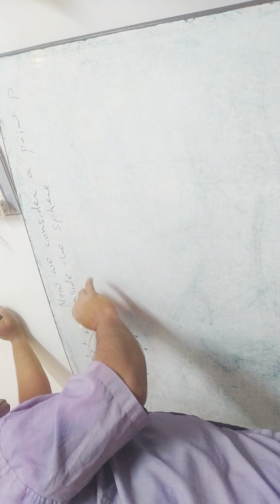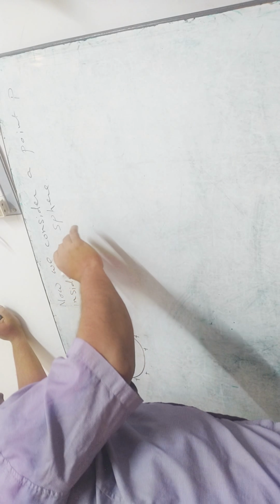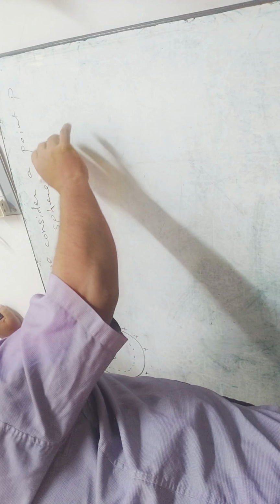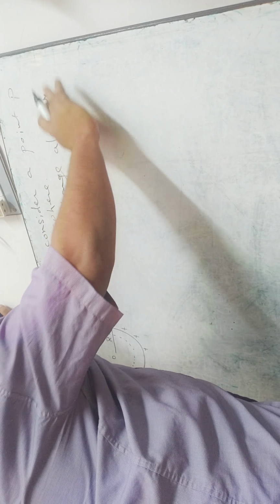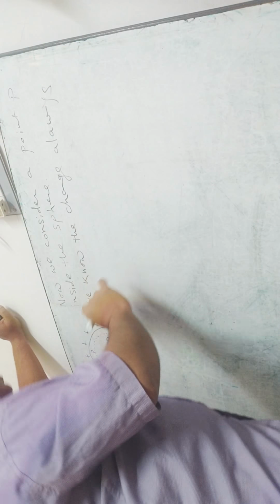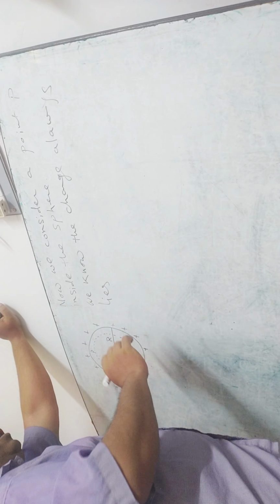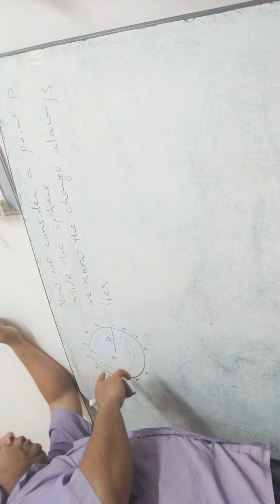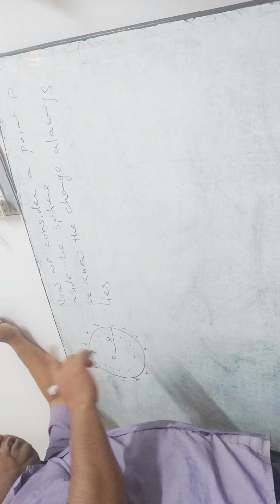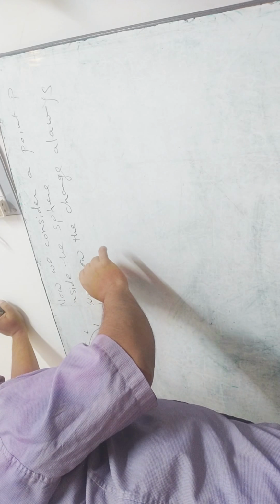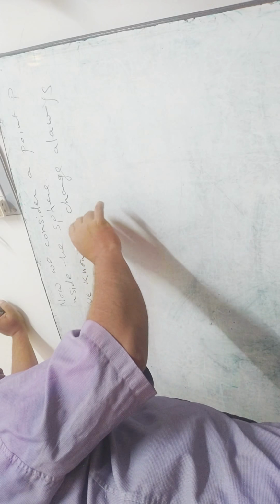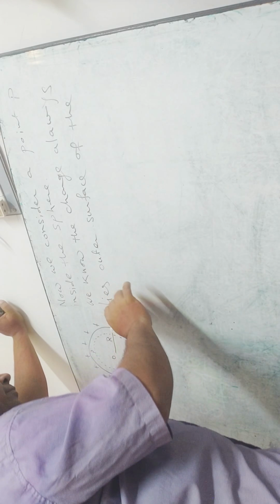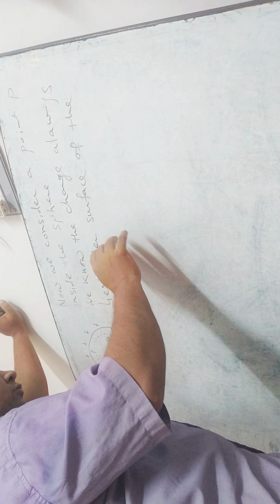We know the charge always lies outside the conductor, on the outer surface of the conductor.